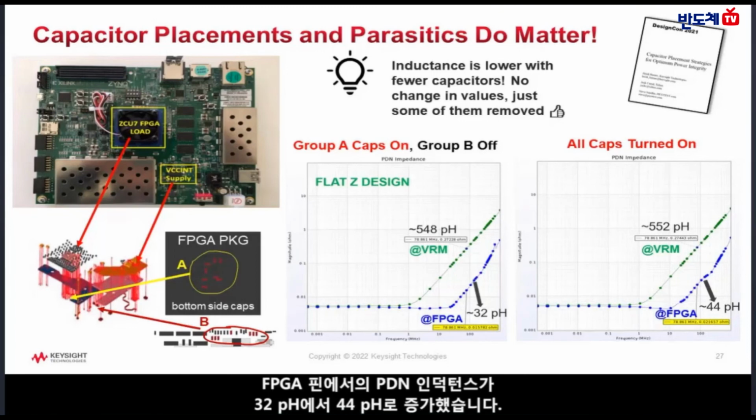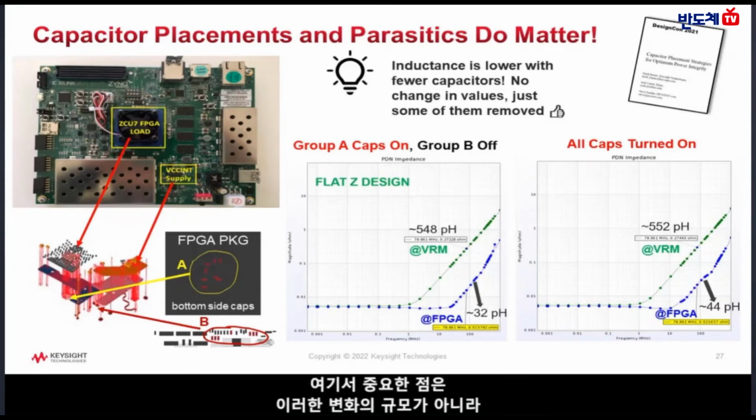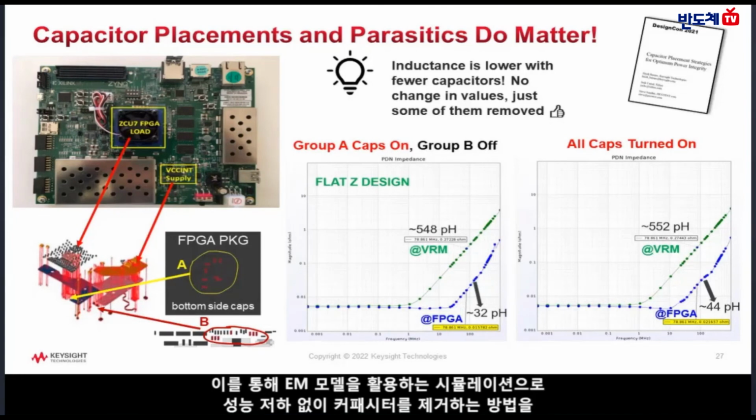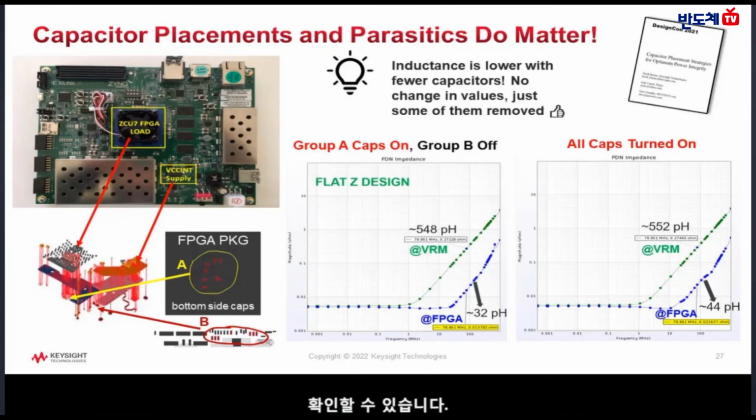The PDN inductance at the FPGA pins increases from 32 picohenries to 44 picohenries. The main point is less the magnitude of this change and more that the impedance got worse when adding more capacitors due to the complex interactions between the capacitors. This shows how simulation with EM models can be used to remove capacitors without degrading performance.